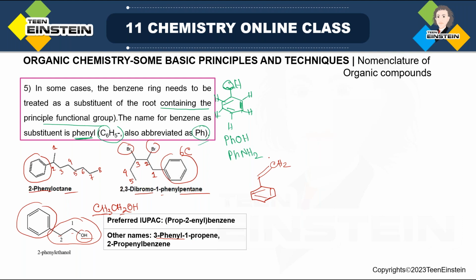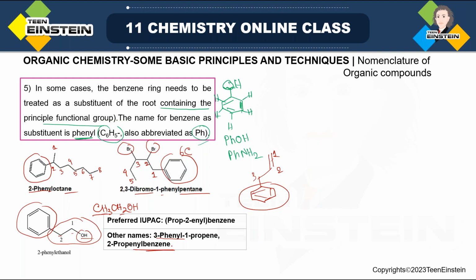Though it is a 2 carbon chain, because of the C=C double bond we are giving it preference. Sorry, 1-propene, one more carbon will be there. So it is 3-phenyl-1-propene, 1, 2, 3. This should be treated as substituents, or it can also be called 2-propenylbenzene.